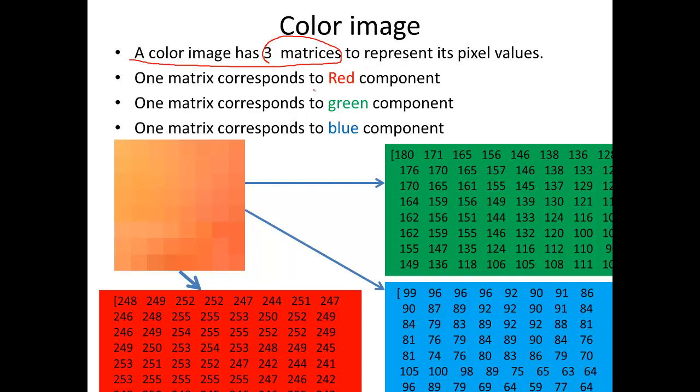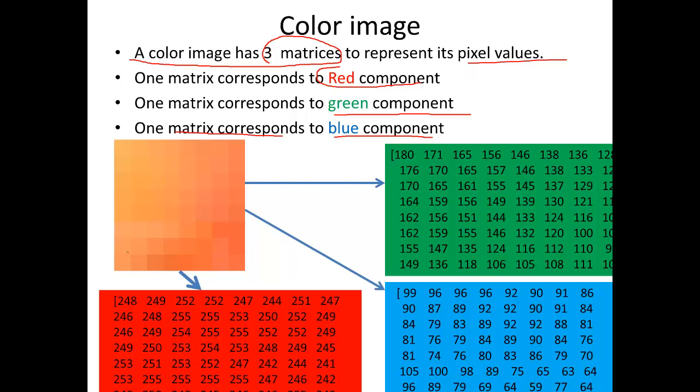Each image represents its pixel values in different components. For a color image, we have a red component, so we have one matrix to represent its pixel value. Also, we have a green component. Also, we have a matrix to represent its pixel value. We also have a blue component, so also we have a matrix corresponding to its pixel values.